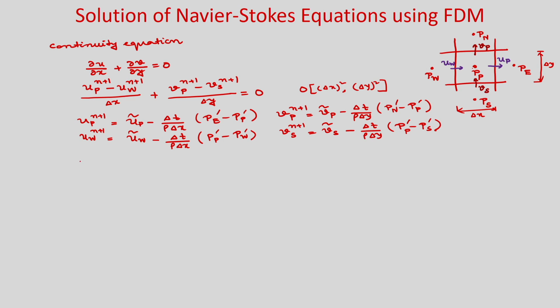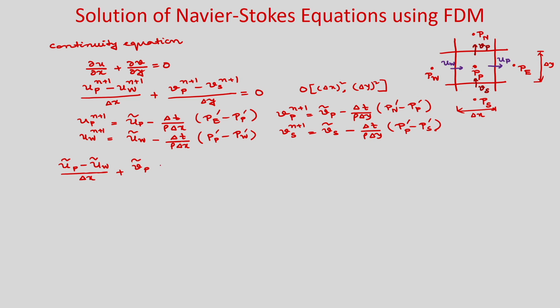Okay. So, now you substitute these in the discretized continuity equation. If you substitute it and rearrange it, you are going to get (u_P tilde minus u_w tilde) divided by delta x, after rearranging.